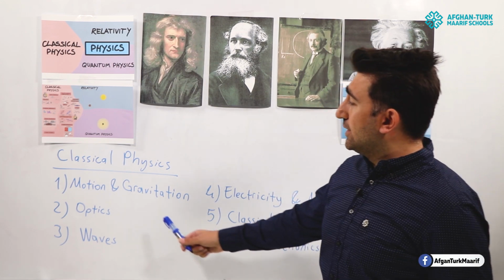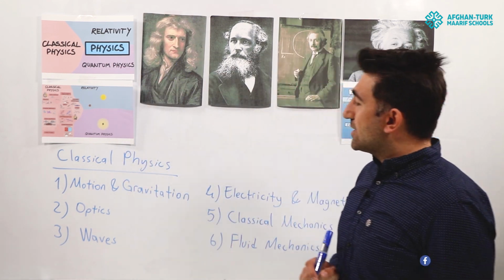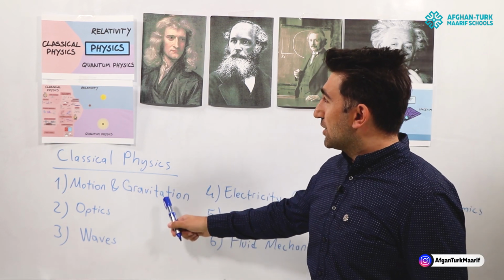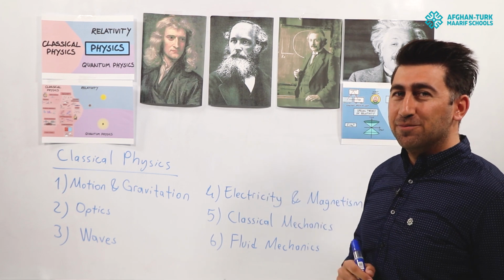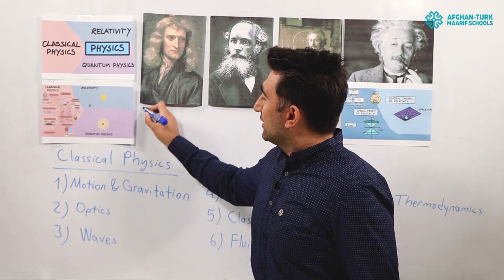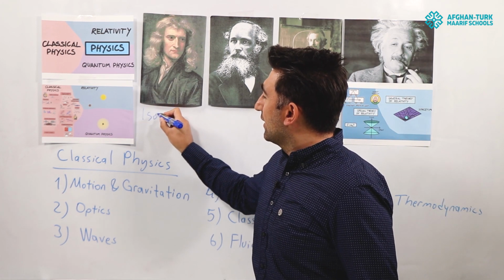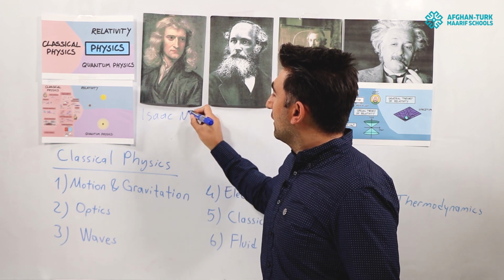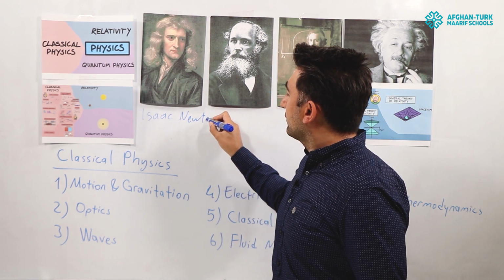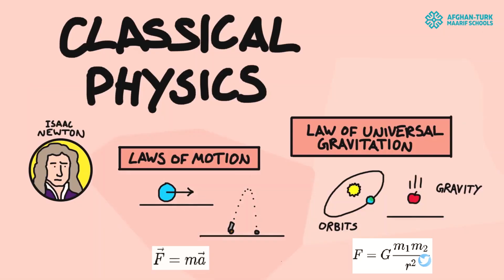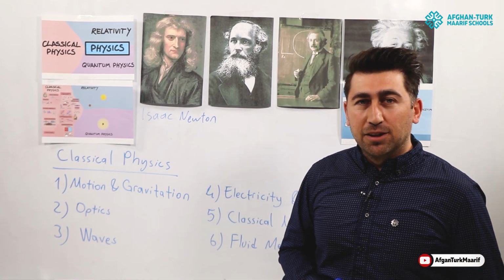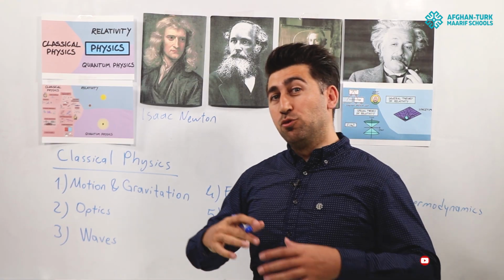So let's start with classical physics, so motion and gravitation. By the way, can you guess which one is Isaac Newton? This one is Sir Isaac Newton. His laws of motion describe how everything made of matter moves about.